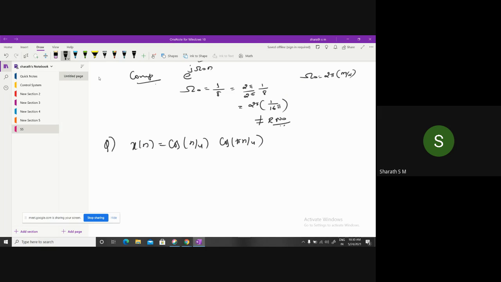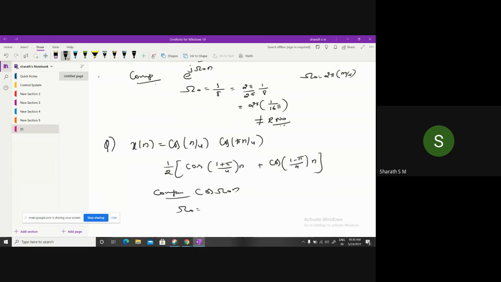So 1 by 2 cos of a plus b plus cos of a minus b. We need to compare with cos omega naught n.